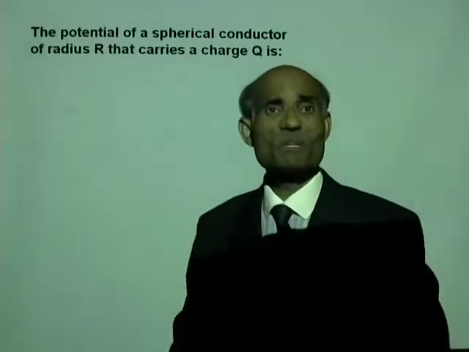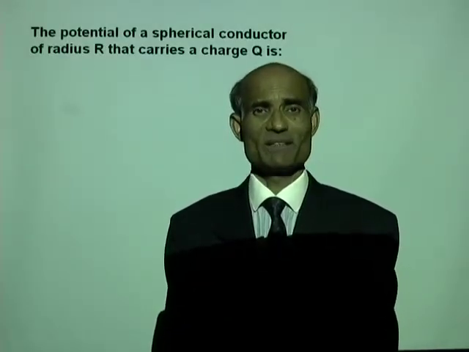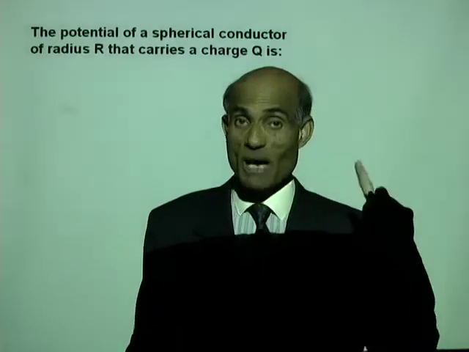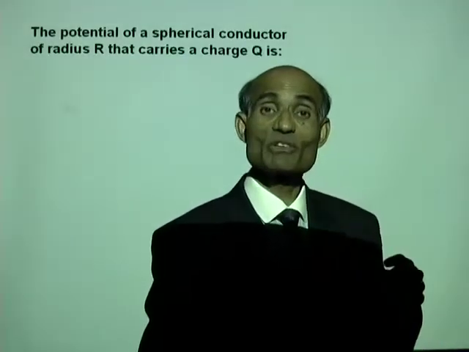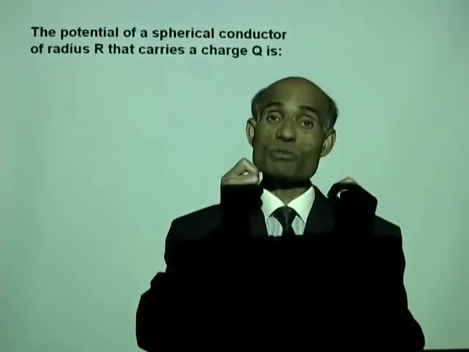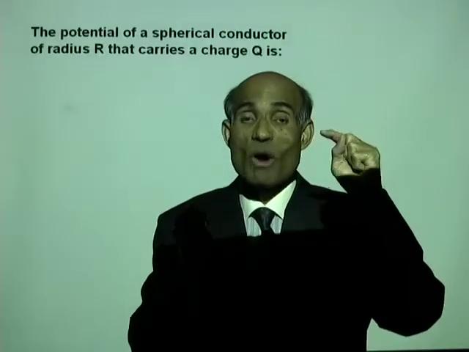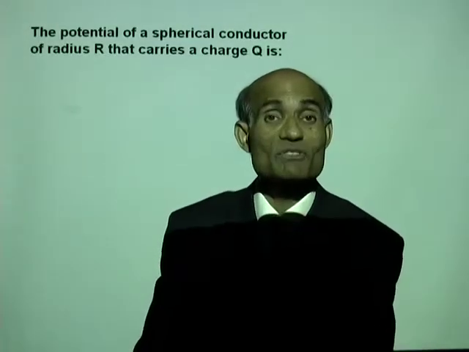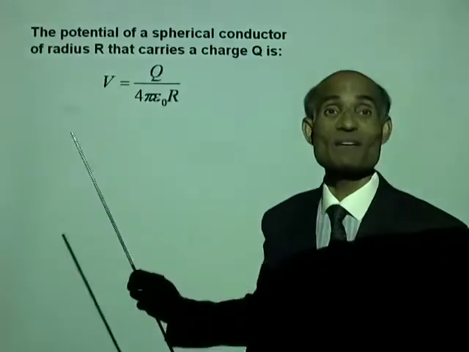Now tell me, what is the potential of a charged spherical conductor? We talked about it last class also. The potential of a spherical conductor is KQ over R, and if you replace K by 1 over 4 pi epsilon naught, I hope you know that, K is 1 over 4 pi epsilon naught.